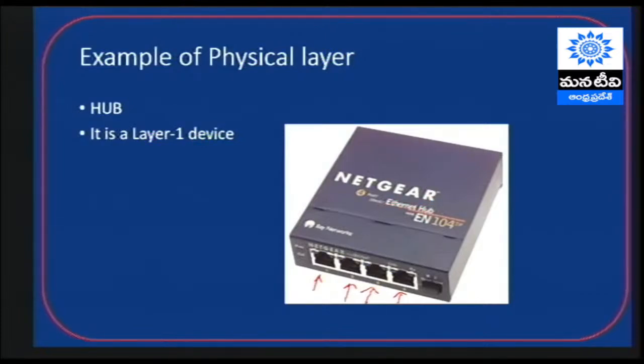If you send data from computer A to computer B, the hub will forward this message to all other devices connected to it. Whereas a switch is an intelligent device and will send data only to the designated computer.